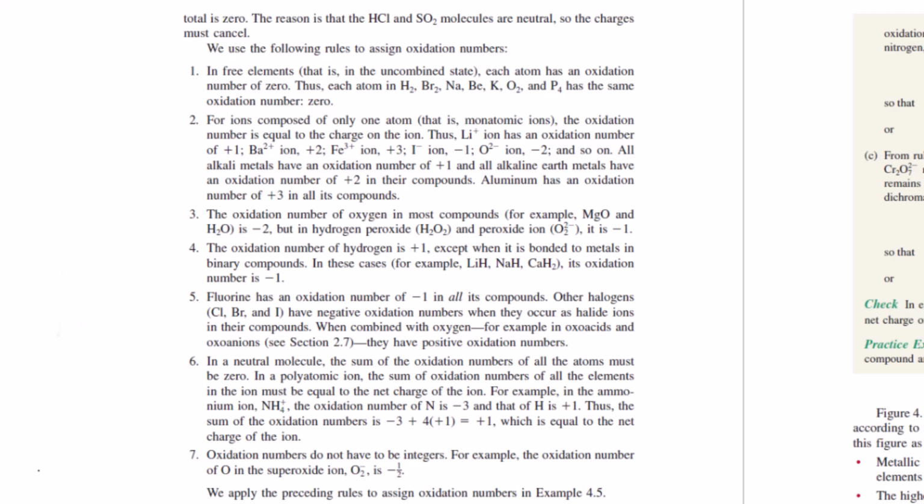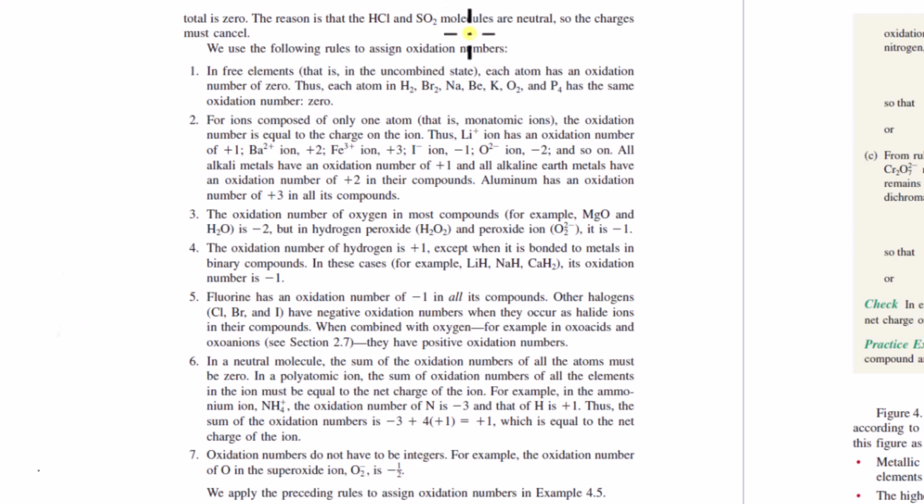Okay, so the first cardinal rule, and this is really the primary cardinal rule that's always used for any compound. This rule was partially stated in the previous video, in that the oxidation numbers for these molecules that we analyzed all sum to 0. If you summed the oxidation number on the H and the Cl, it summed to 0, and on the S and the 2 oxygens, it summed to 0.